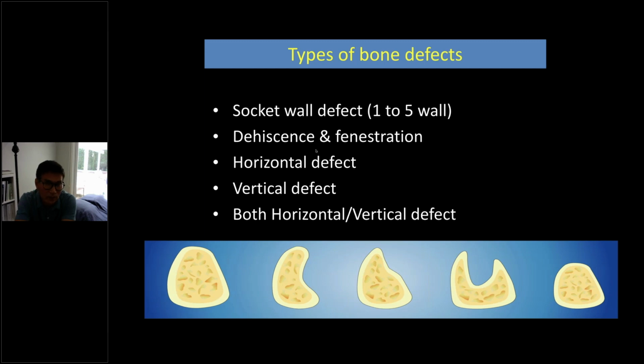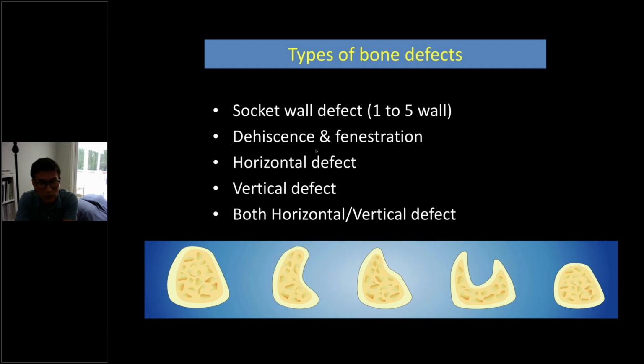And then of course, both horizontal and vertical defect. But today I'm going to focus more on the first top 4 categories. The bottom one I'm not going to deal with too much, because sometimes this is a very, very challenging case.